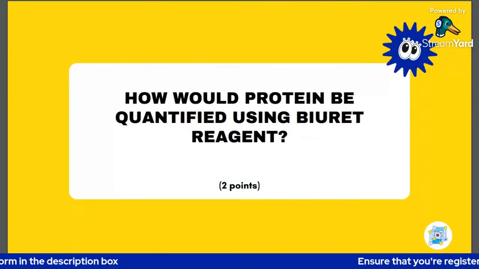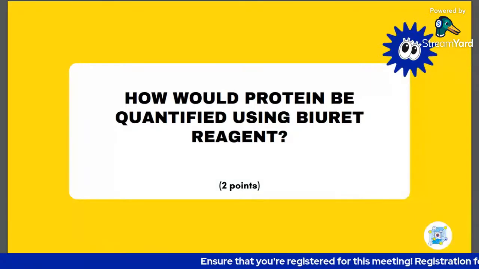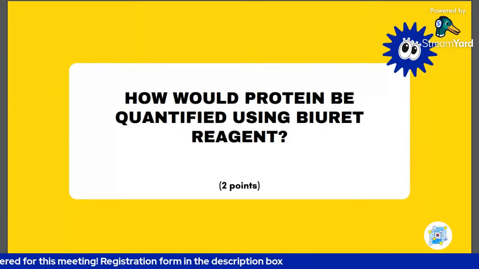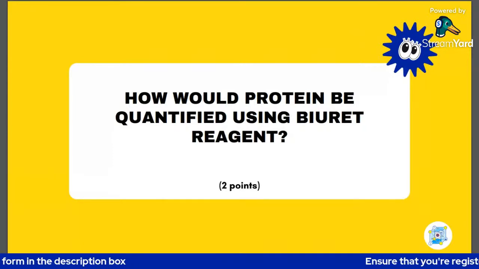It's not the most accurate method to quantify protein, but give me a way in which you can use this Biuret reagent to quantify how much protein you have in a sample.